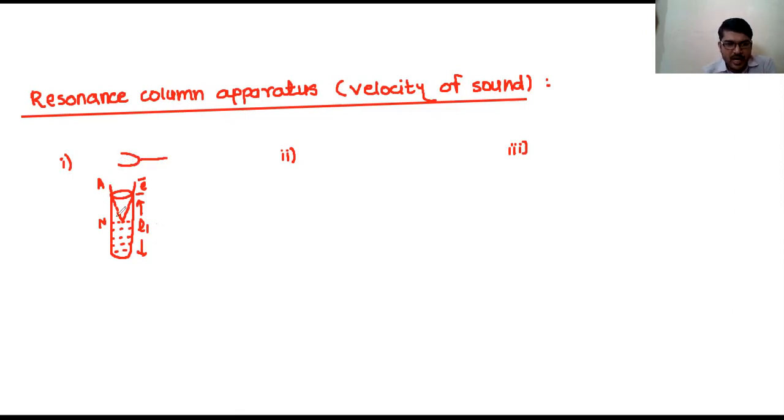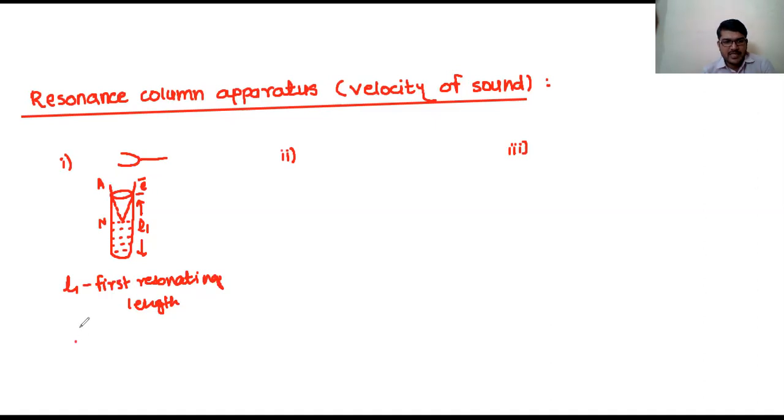Through this we have sent some waves. These waves will go and reflect, and here a louder sound will come, that is called the first resonating length. L1 is the first resonating length. So here L1 plus E. Now you know node to antinode distance is lambda by 4.